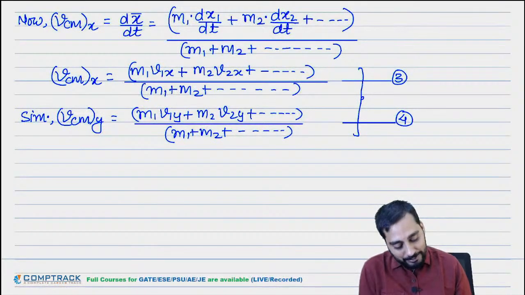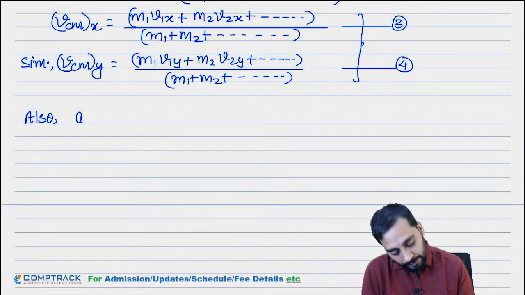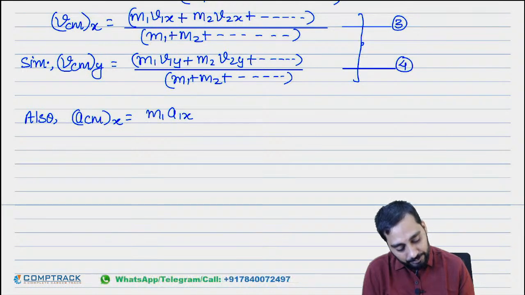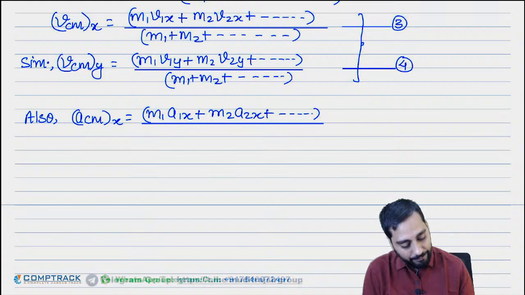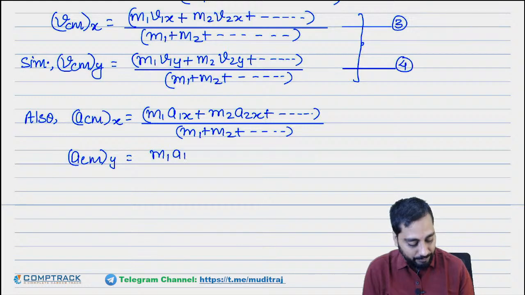Similarly, if they ask you sometime for the acceleration of the center of mass, the acceleration of the center of mass in x direction will be what? That you can understand now. Again you differentiate, so it will be m1 a1x plus m2 a2x and so on, over total m1 plus m2 and so on. And the center of mass acceleration in y direction will be m1 a1y plus m2 a2y and so on.